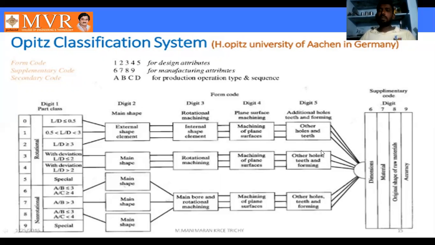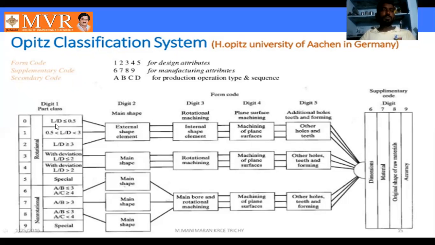The last one is the supplementary code, digits 6, 7, 8. So it is manufacturing step by step. These codes are used to manufacture gears and other parts also. The procedure is digit 1, digit 2, digit 3, digit 4, digit 5, and then the supplementary code.